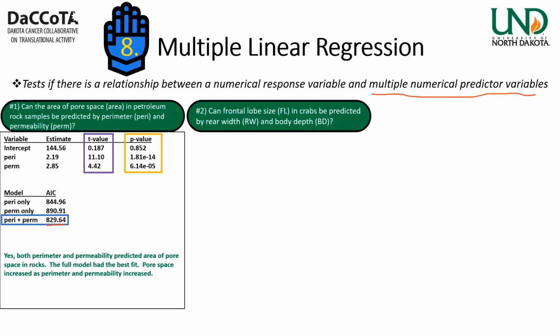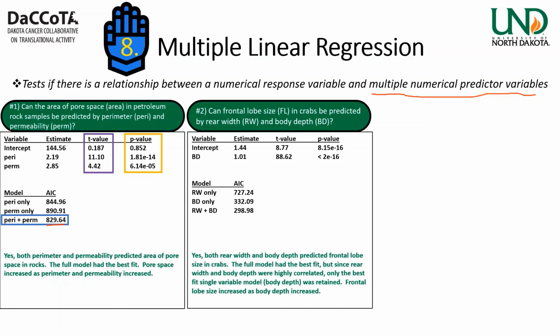Okay. 2, can frontal lobe size in crabs be predicted by rear width and body depth? So we're going to do this here. And I'm only showing body depth because what I ended up doing is looking at kind of simpler models of just the rear width only, the body depth only, or the stuff together.